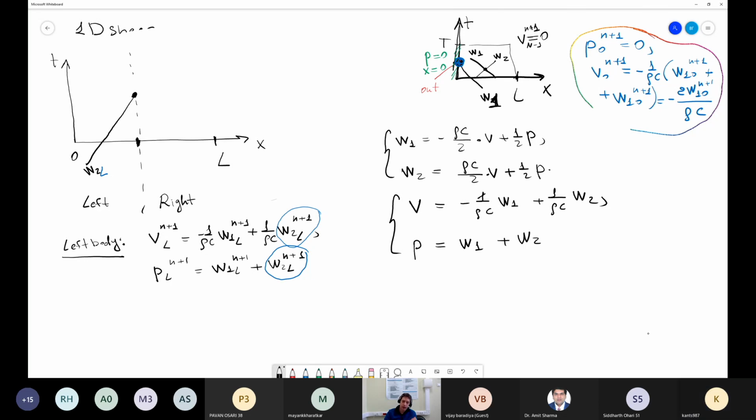Let's look at the value of W2 and W1 as two real values. For any pair of real values, we can write the correct formula like W1 left at the n plus 1.